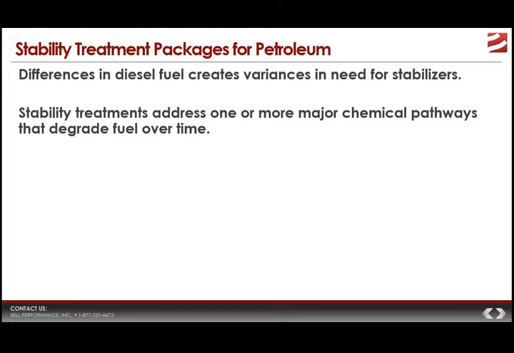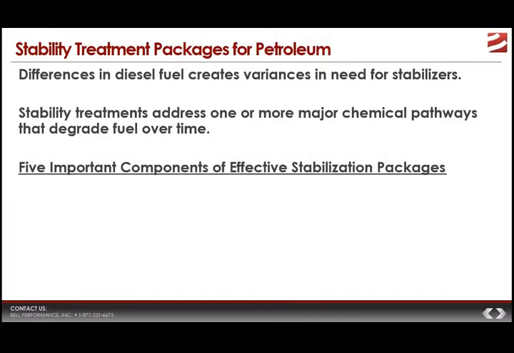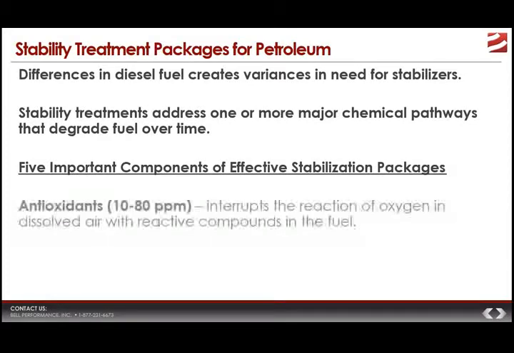So what that leads us to is that there are essentially 5 important components, 5 types of things that need to be present in an effective stabilization package. And so when you're looking for a fuel stabilizer, your best choice is going to be one that has all 5 of these. What are they?